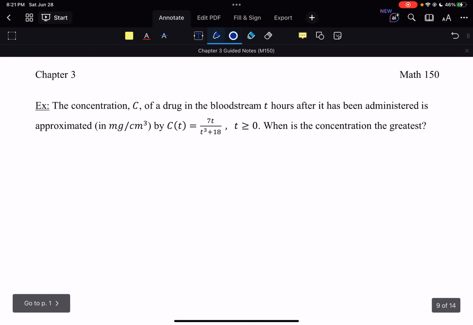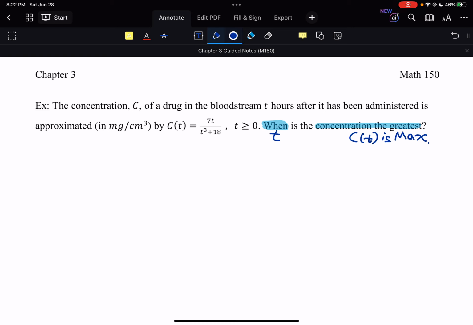Okay, so we have a formula. It's asking when. So it's asking for a T value. And it's saying when is concentration the greatest? So it's asking for when C of T is maximized.